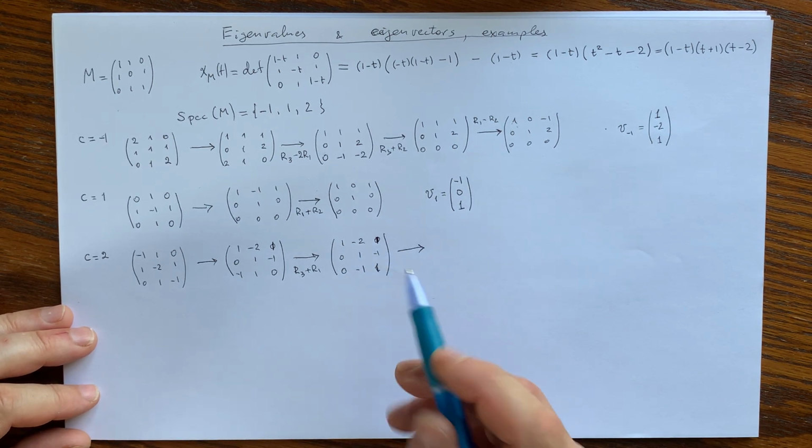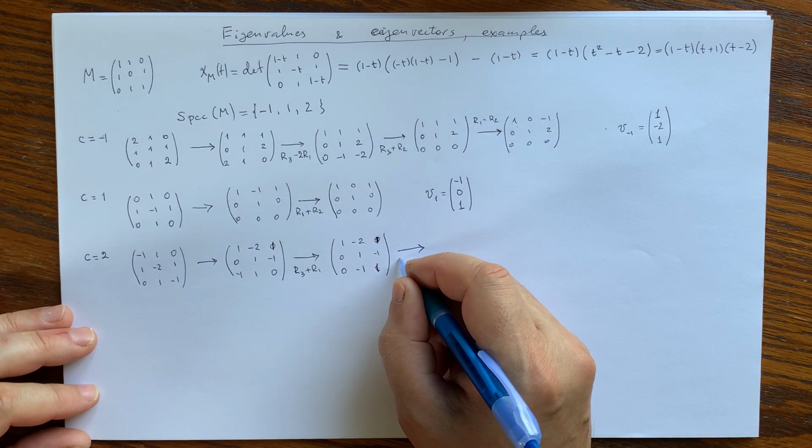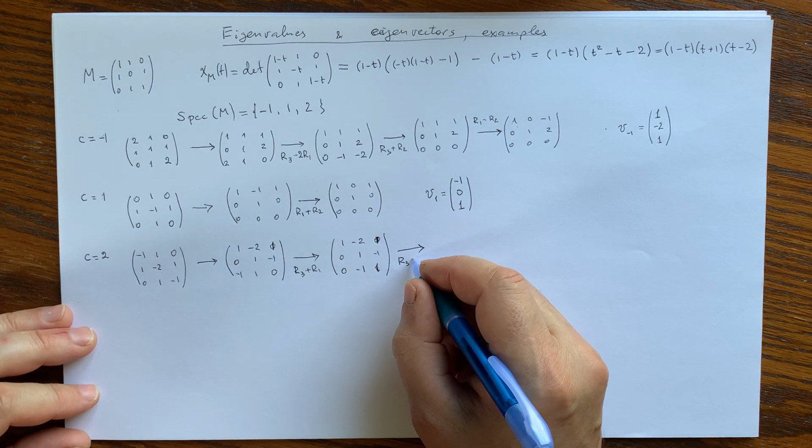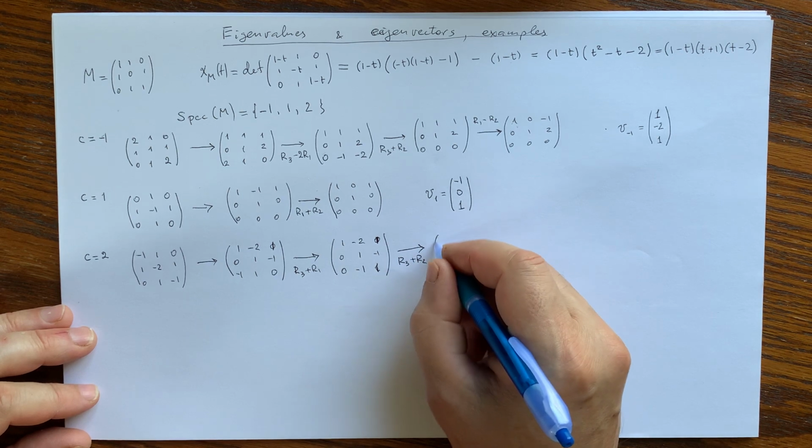And now to make it a row echelon form, we just eliminate completely row 3 by doing this row addition.